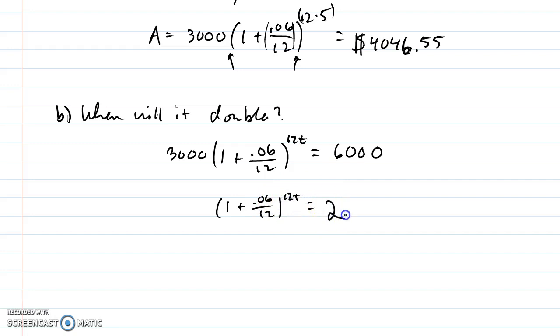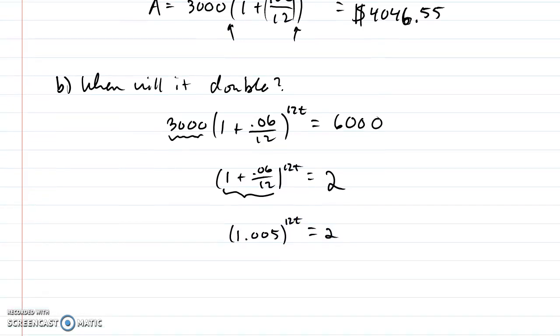That's just going to be 2. And oftentimes, the book doesn't even give you a starting amount. So you could just set it equal to 2, or you could just pick whatever amount you want to start with. I am then doing this in my calculator. 1.005 to the 12t equals 2.